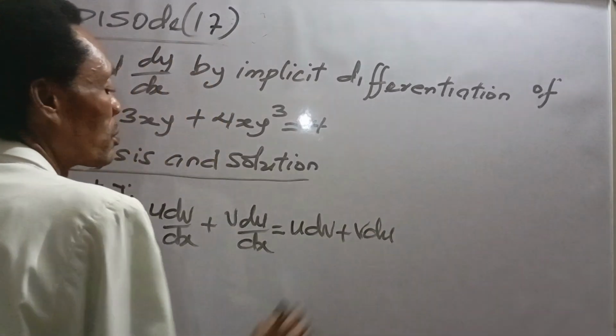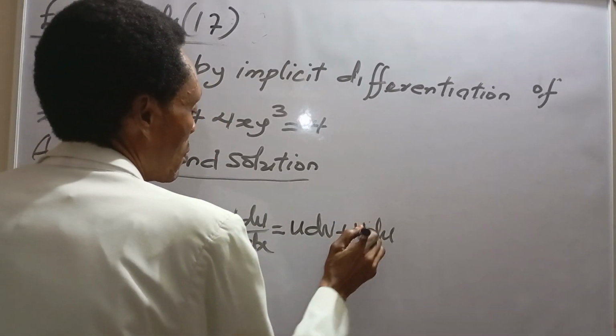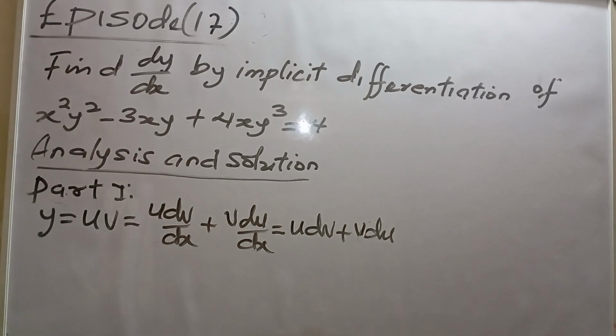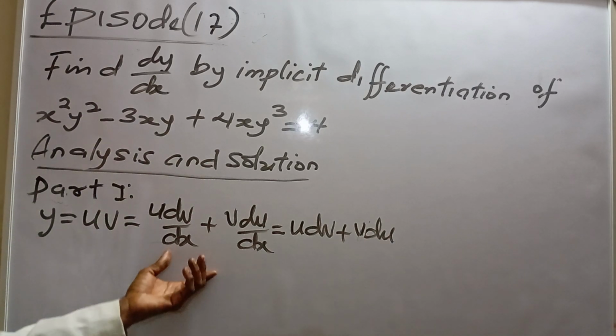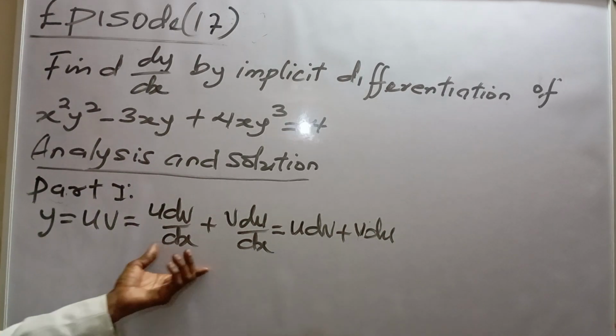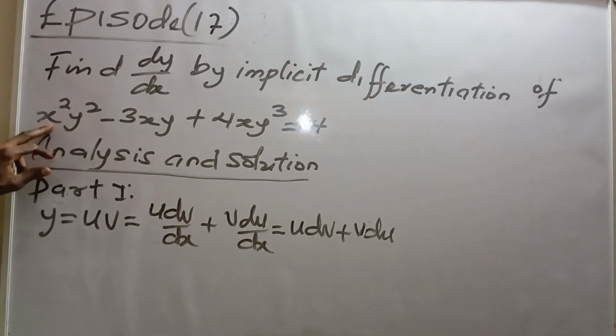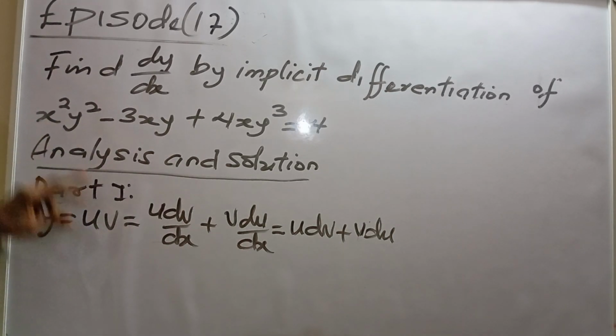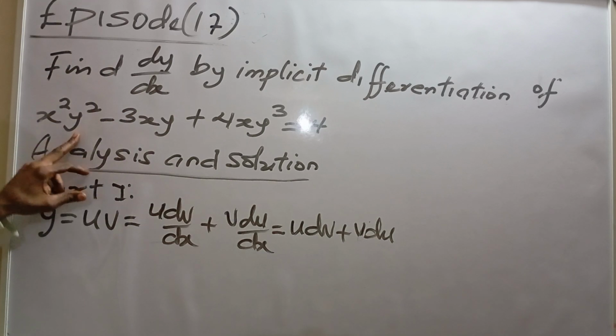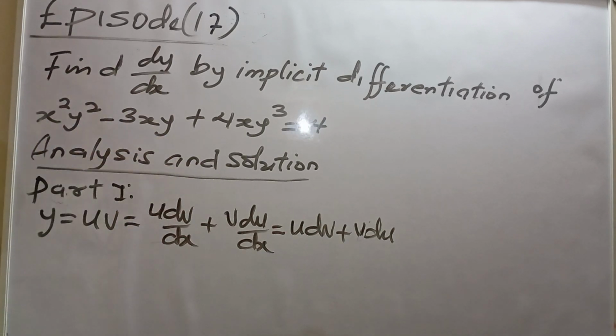So this is the product format or formula. y equals uv. u stands for the first factor, which is x squared here, and v stands for the second one, which is y squared. The same thing applies here.